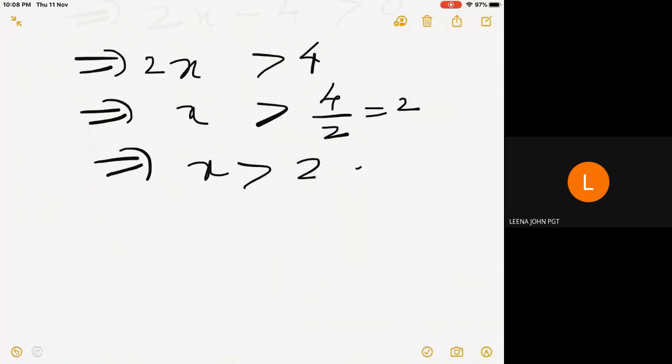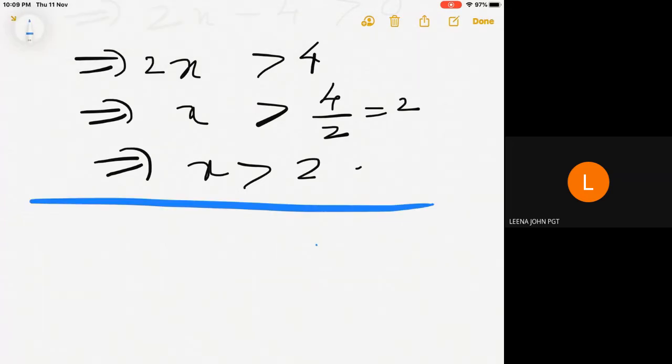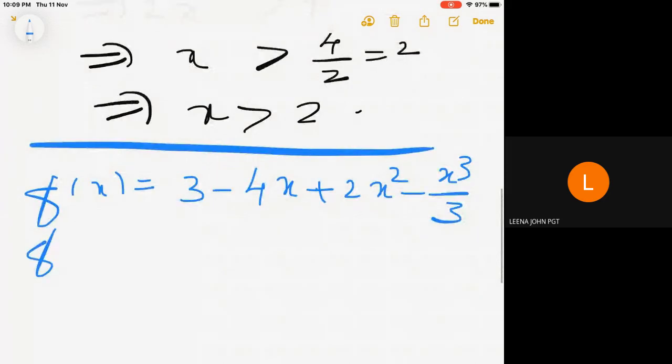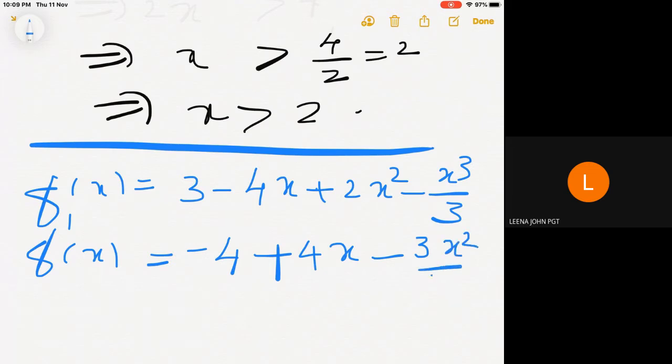So the function you can write now is f of x equal to 3 minus 4x plus 2x square minus x cube by 3, and finding the derivative, you get: derivative of 3 is 0, derivative of minus 4x is minus 4, plus derivative of 2x square is 4x, minus 3 into 3x square by 3.